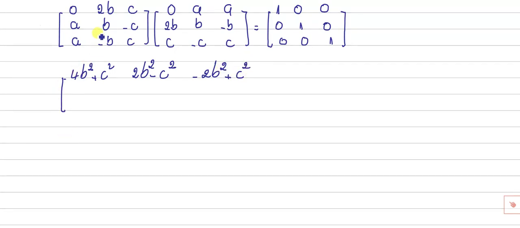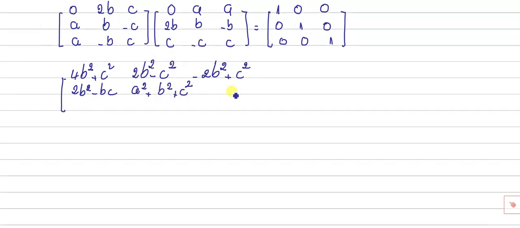And row 2 with all columns in matrix B. So we get 2B squared minus BC, 2B squared minus BC, and this one is A squared plus B squared minus C squared. Minus and minus is plus here.